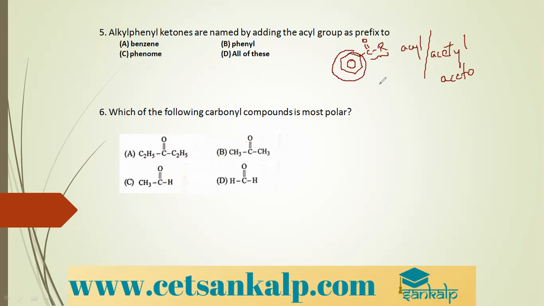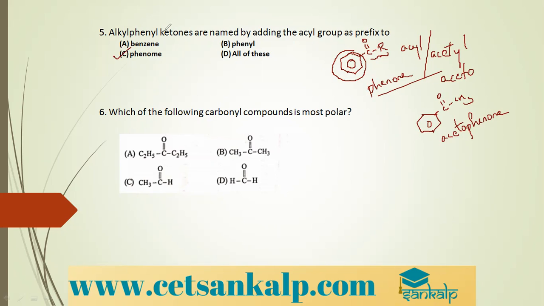It is phenol. When benzene ring is attached to C double bond O, we use the term phenol. Therefore, the simplest aromatic ketone is C double bond O, CH3. You call it acetophenone, correct? So the correct option is option C. It is phenol. Okay, fine.